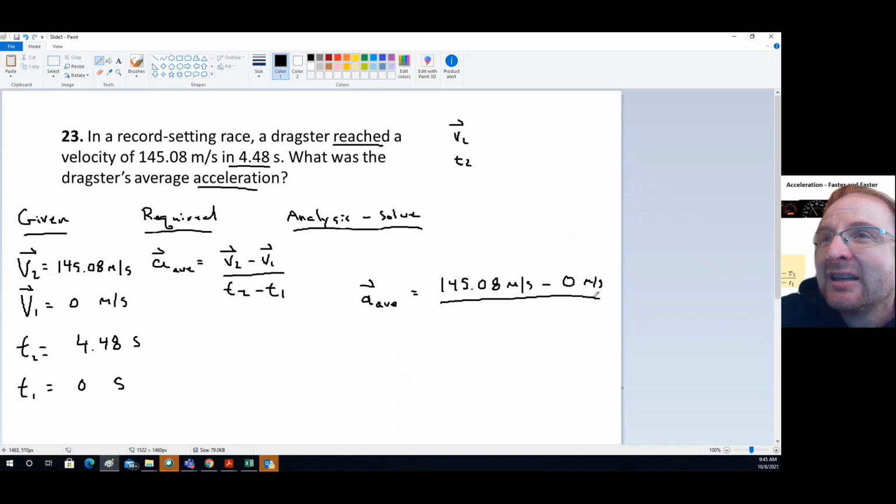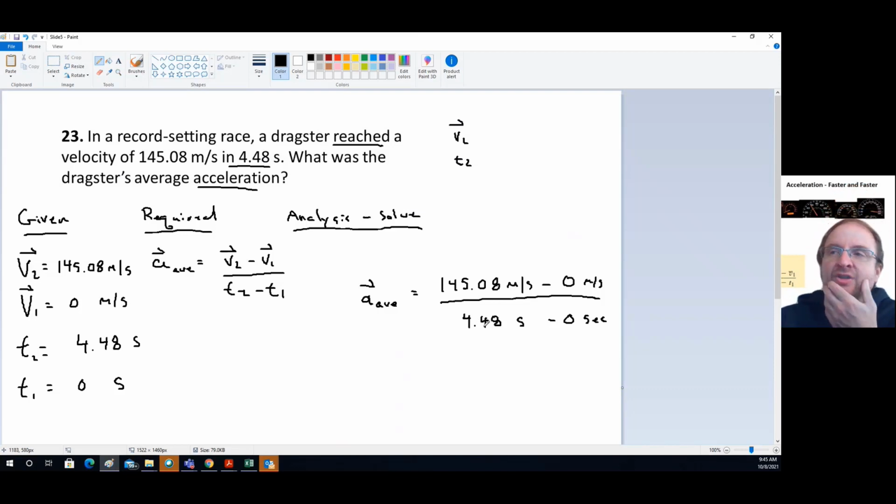I think we know what that is. 4.48 seconds, subtract 0 seconds. You can take note, we've only got 3 significant digits, so once we get our answer, we'll write out the whole thing, but then we will round it to 3 significant digits.